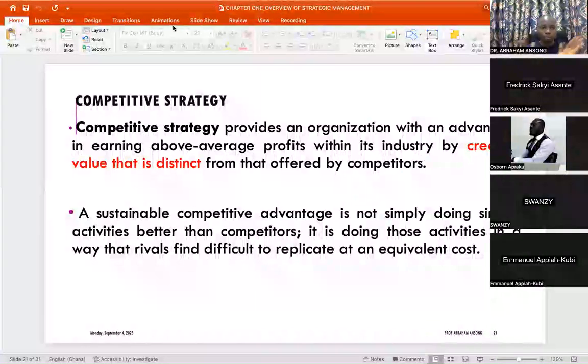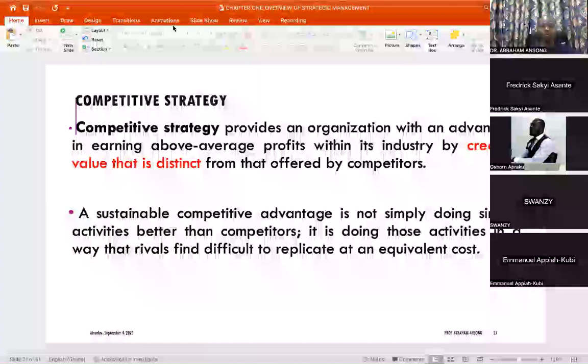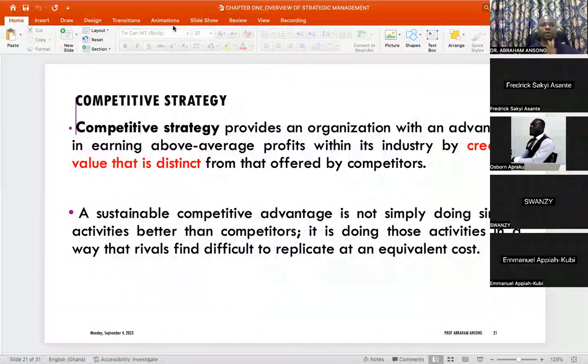Key things we have to note: it helps a company to earn beyond average profit within an industry.